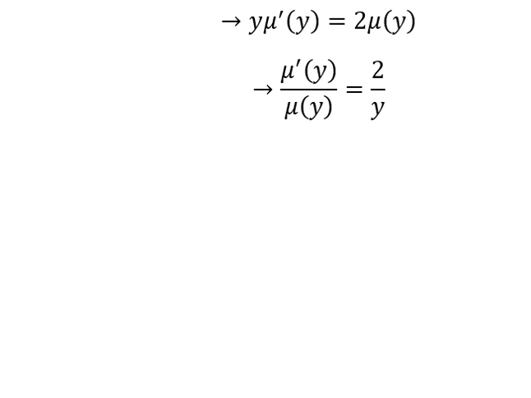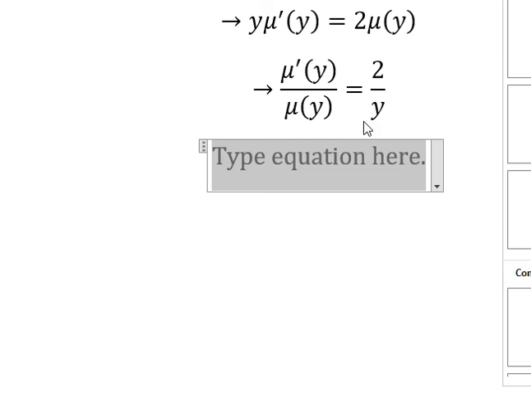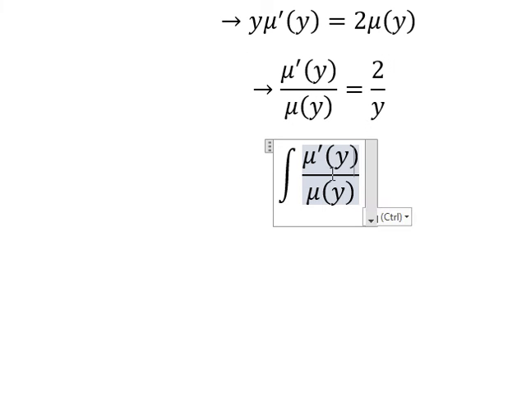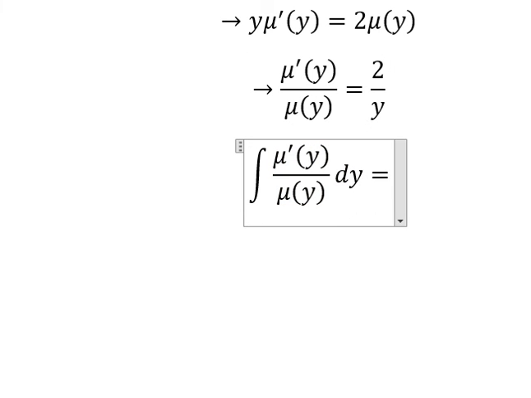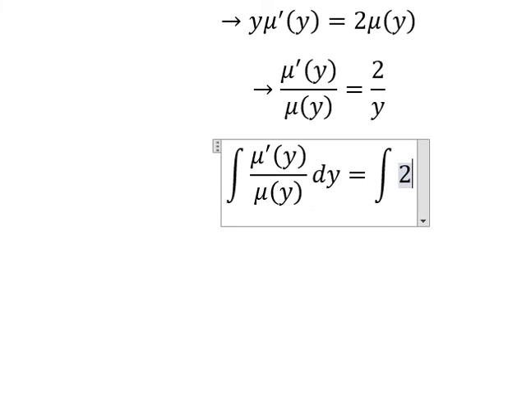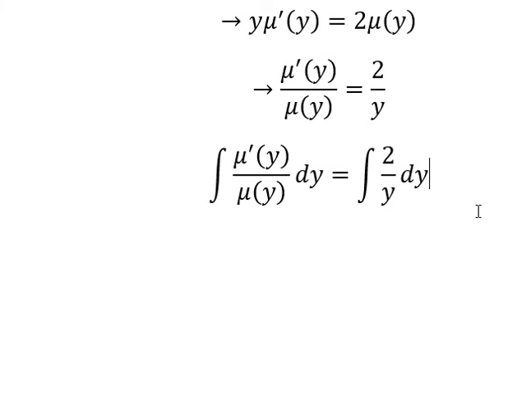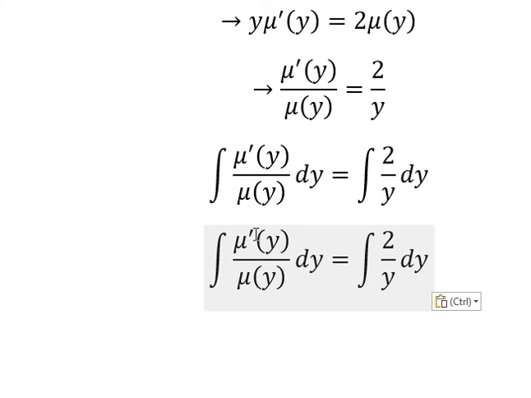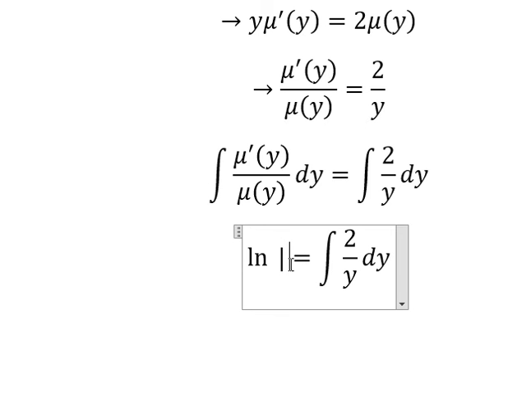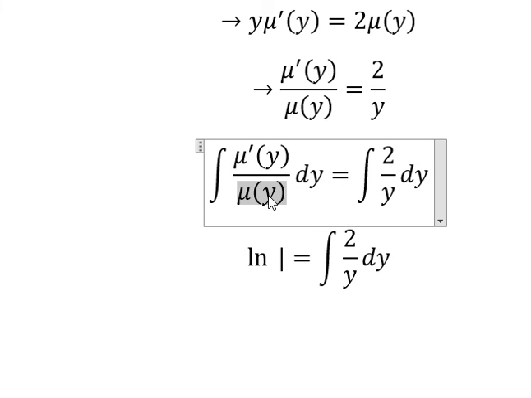Next, I will put the integration for both sides. So the integration of this one, we have ln of the absolute value of mu y.